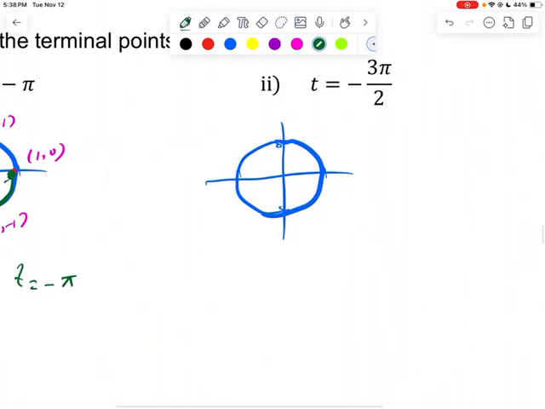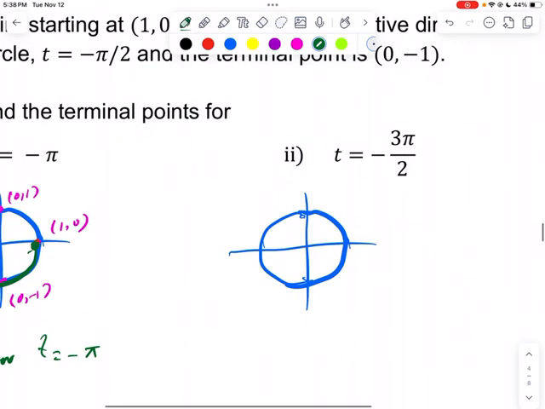Next is negative 3 pi over 2. So it means we are starting here and we are going 3/4 of the circle in the clockwise direction, which means negative direction. So this is negative 3 pi over 2. But remember, this was pi over 2 as well. That's what I said, that many points on our number line overlap in the circle.